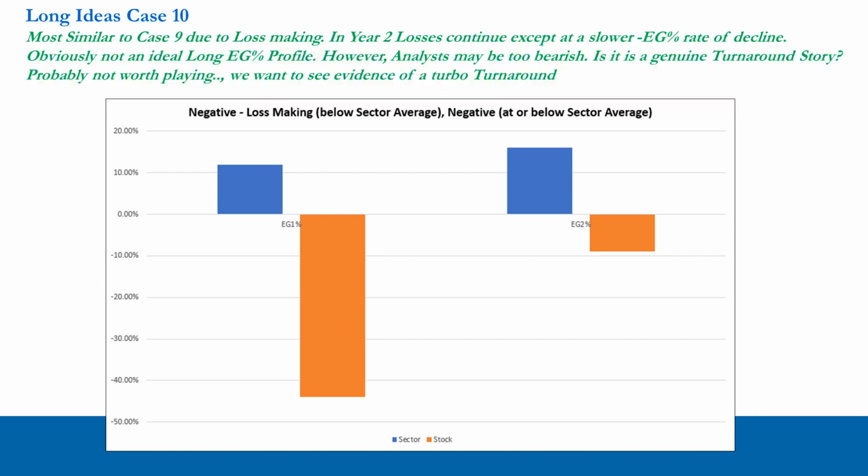What we want is evidence of a really good, solid turnaround in EPS. And our cases number 8 and 9 are probably most likely going to provide that profile.